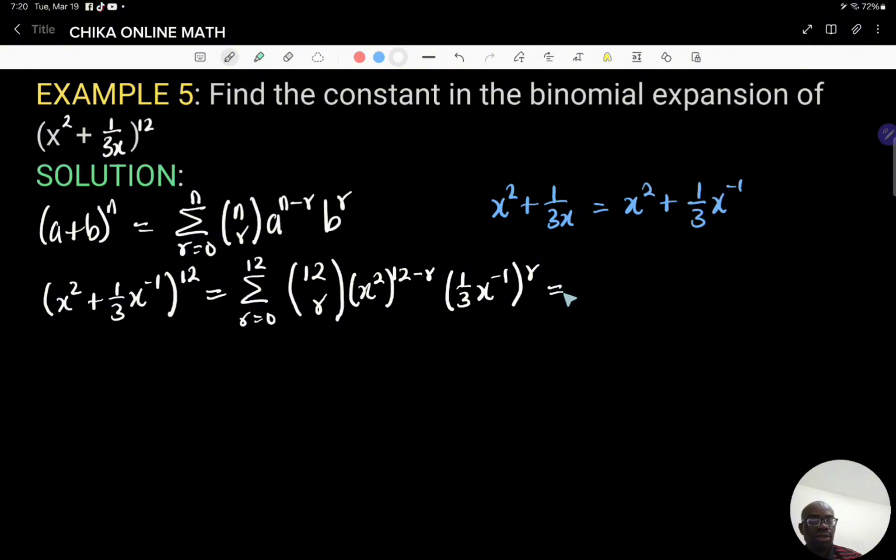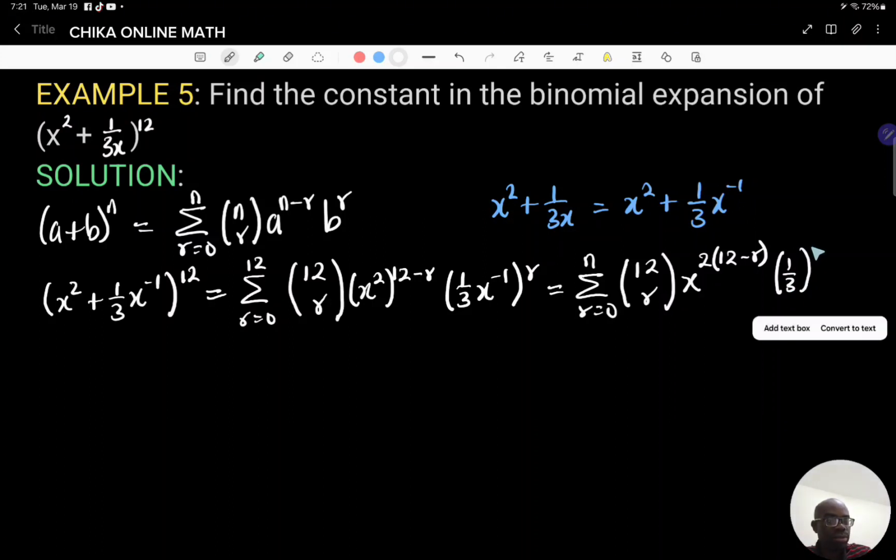So we have summation r equal to 0 to n, 12 combination r, x to the power 2 into 12 minus r, and 1 over 3 to the power r, x to the power minus r, okay? Because minus 1 times r will give us minus r by law of indices, okay?